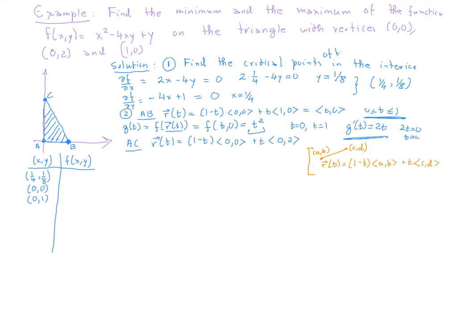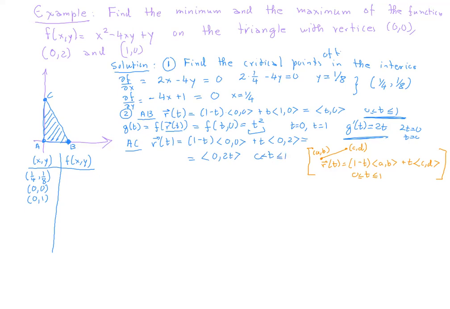And here, this will go from 0 to 1 always. That's what I've been using in this consideration. So, of course, I can simplify this, and this will become 0, 2t, and t is between 0 and 1.